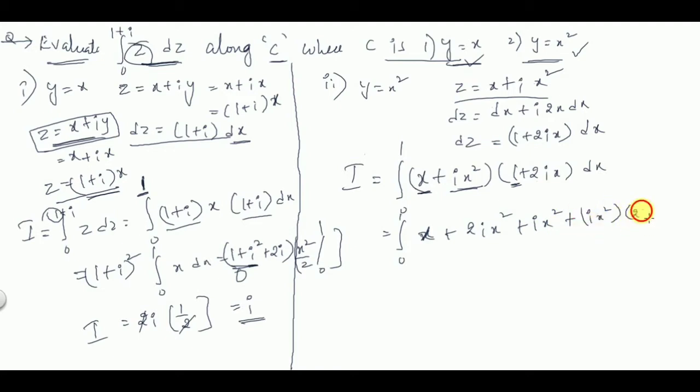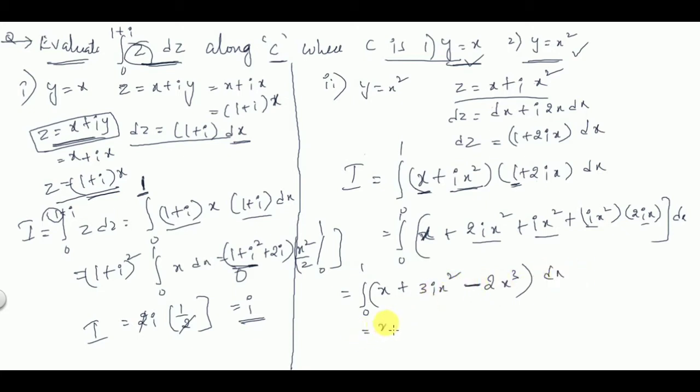So integral 0 to 1 of x plus 3ix square, plus i into i is i square, which is minus 1, so minus 2 x cube, dx.